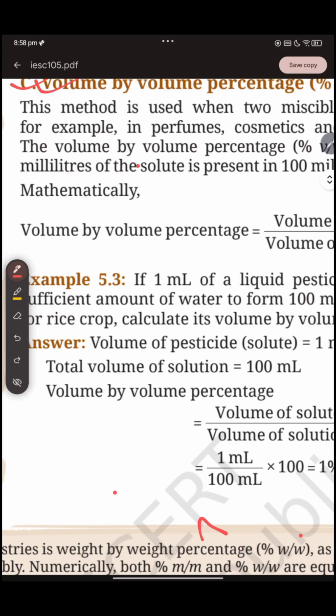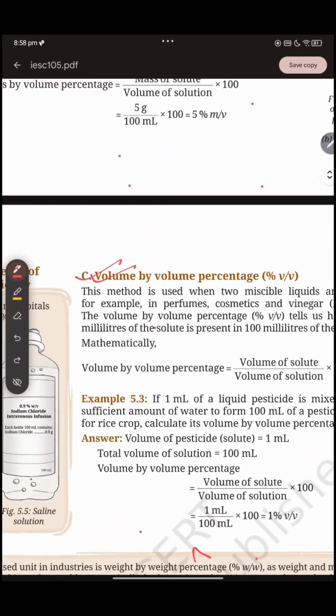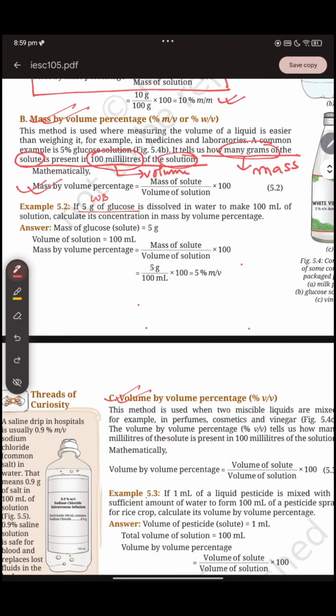If 5 gram of glucose, which is WB, the mass of the solute, is dissolved in 100 ml of the solution, and water is the solvent, this is the volume of the solution, V solution.